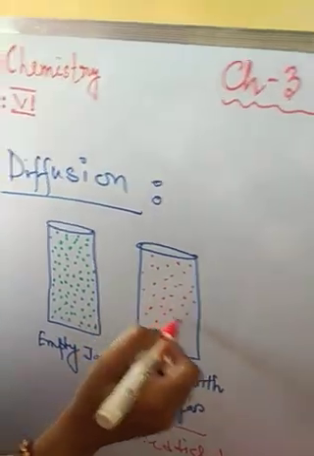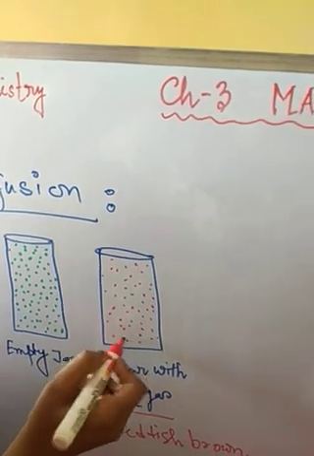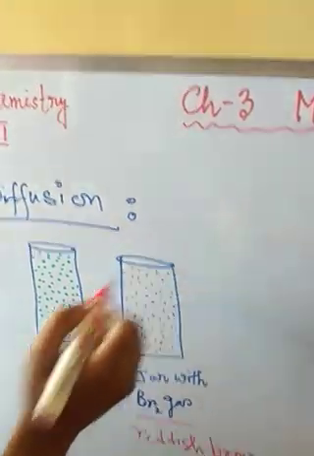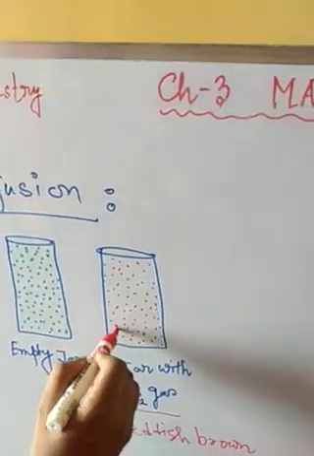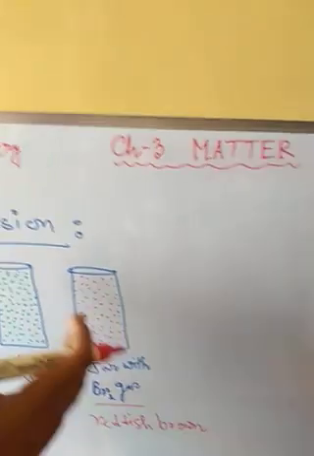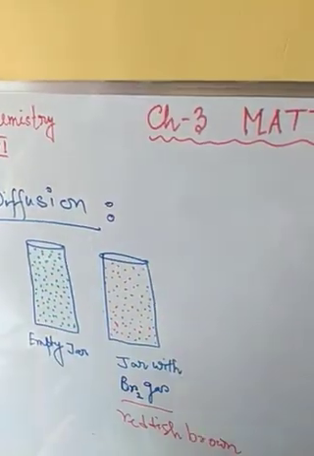The gas jar filled with bromine gas looks reddish because of the color of the gas. Now these two gas jars are there with us. Now we will place this empty gas jar on the gas jar filled with bromine gas.